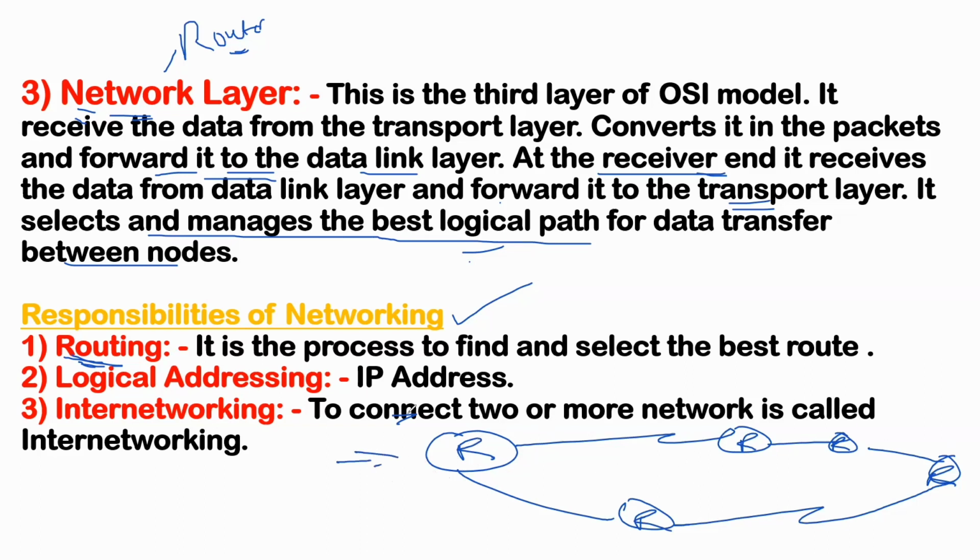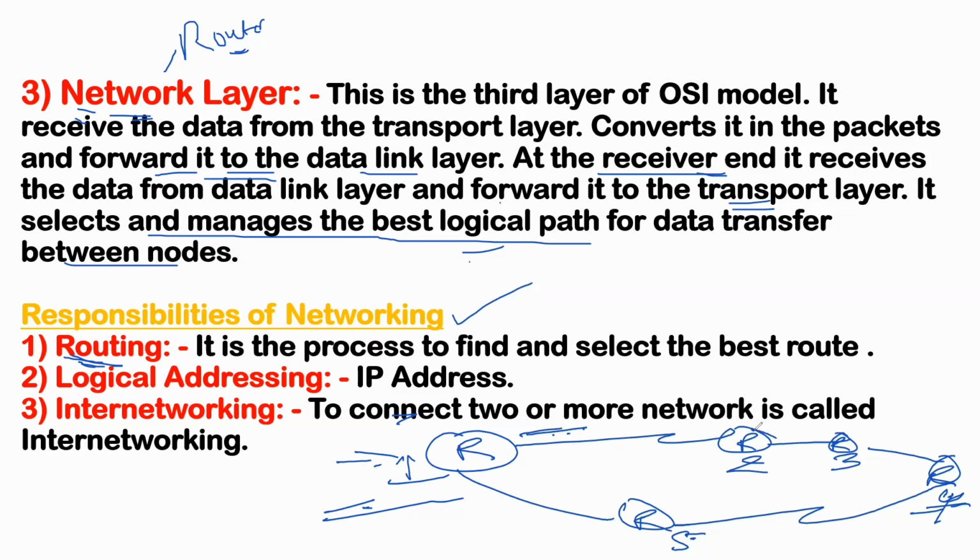So in this router topology, the router is used to select the best path. Suppose this is router one, router two, router three, router four, and router five. You want to send the data from router one to router four. So we have two ways. One is from the upper side, but on this side we have three hops.